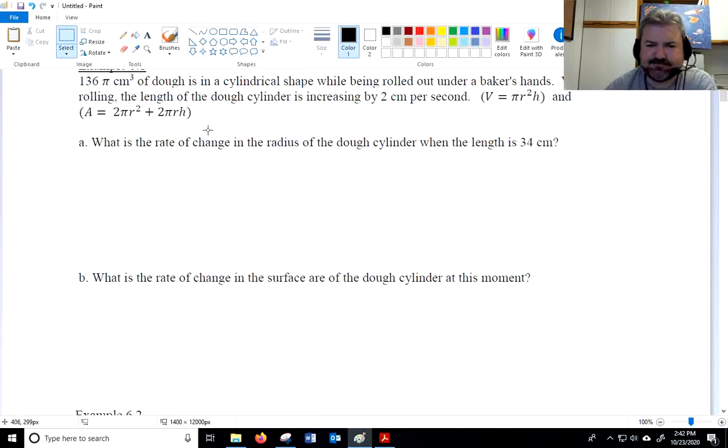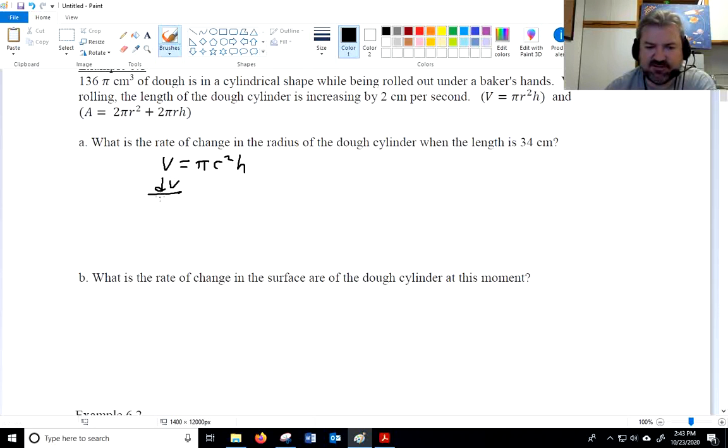Well, I don't really know the area right here, but I can use the volume because I know the volume is 136 pi centimeters cubed of dough. So let's start with that. Volume is equal to pi r squared h, and we're going to take the derivative with respect to time.